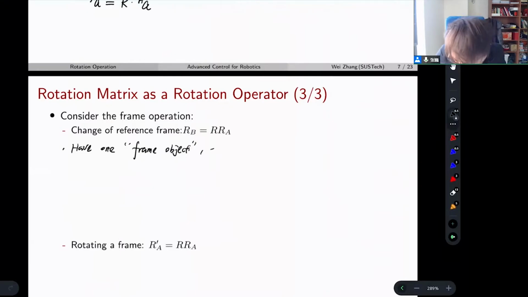And 2 reference frames. Sounds a little bit confusing.